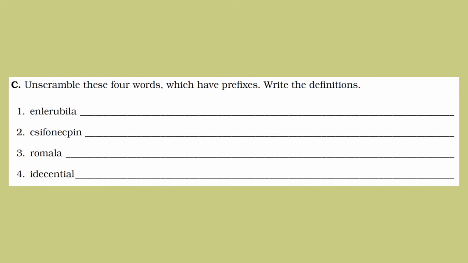Finally, the last exercise. Unscramble these 4 words which have prefixes and write definitions. Here, they already made it easier for us. They have prefixes. So we have to find the prefix first so that we can unscramble those words. Let's see the prefixes we studied. There is a, there is no o, so it's not non.